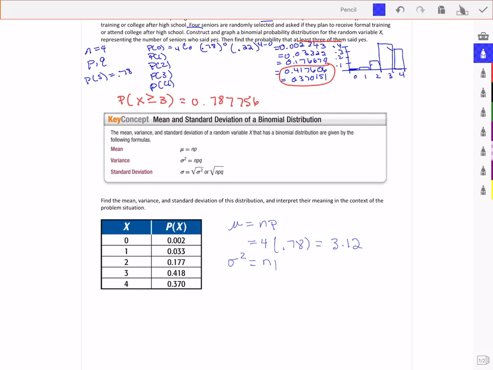Variance is NPQ. So that's 4 times 0.78. And then Q is 0.22. That's our 1 minus 0.78. Which is 0.6864.